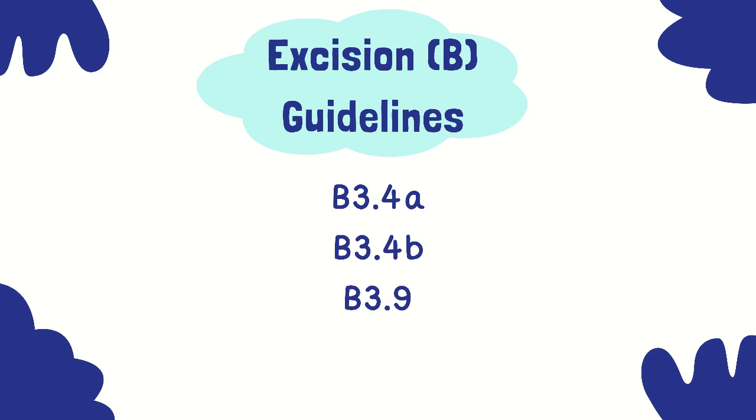B34B is covering if a diagnostic extraction, excision, drainage is followed by a more definitive procedure, what you should do. And then the other guideline that I wanted to call out, and hopefully you have your guidelines spiral bound or some form like we talked about, is guideline B39, which talks about an excision for a graft, and it tells you what to do there. So I wanted to just call those 3 guidelines out. I'm sure when you read your guidelines this past weekend that you actually saw these guidelines.